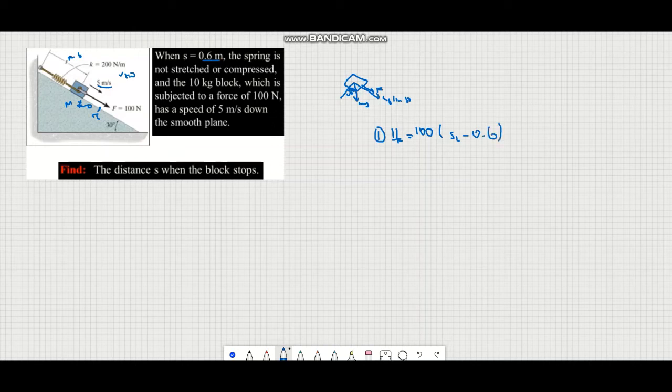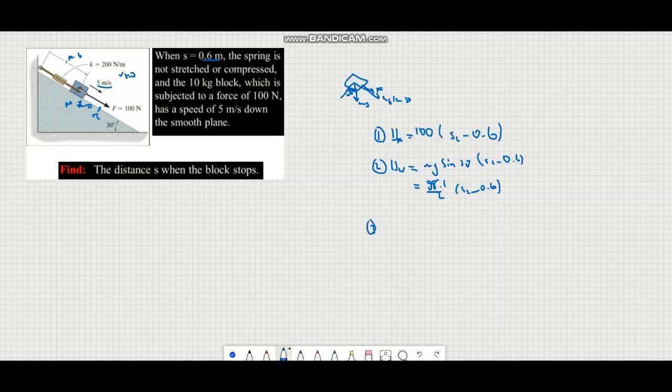The second one, U weight, from the block's weight, is mg sine 30 times S2 minus 0.6. Here m is 10, g is 9.81, and sine 30 is 1 over 2, so this is 98.1 over 2 times S2 minus 0.6.